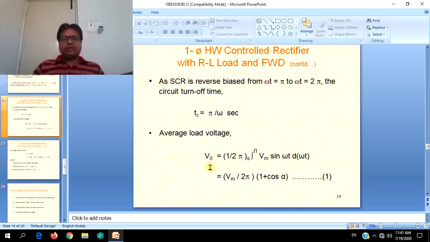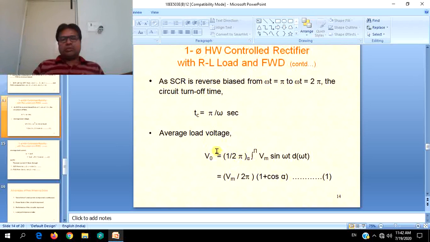Average load voltage V0 is 1 by 2 pi, and the current conduction is taking place from alpha to pi. Forward voltage is applied across the SCR as well as the load from alpha to pi.